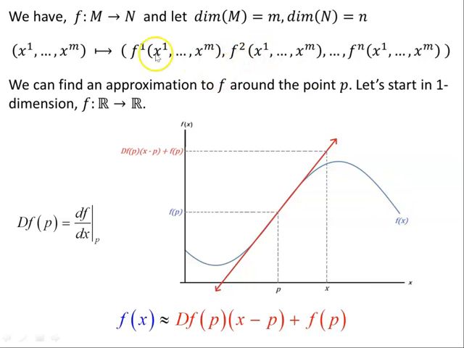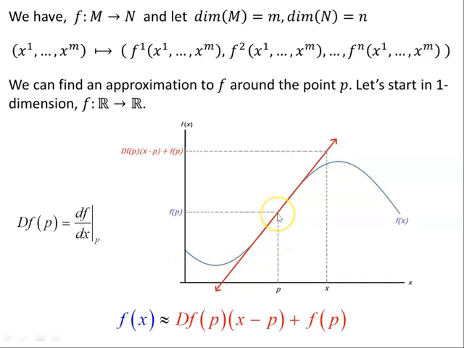Remember, this is the map from manifold M to manifold N. That's ultimately what we're getting at. But we can find a very good approximation to f of x at this point and close to this point. So around x equals P, around this point P, and for a small domain either side of it, we can find a very good approximation to the function f of x. So this blue line here is our function f of x, a function of one variable, okay?